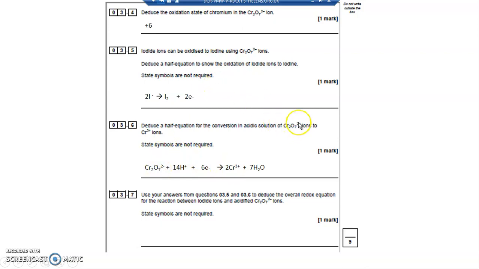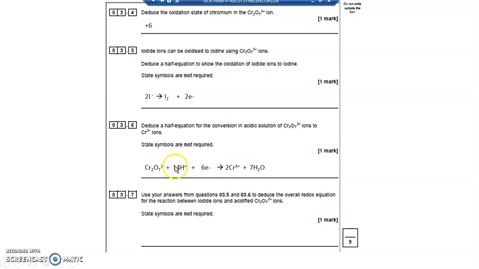So where do these oxygens go? And that's why you need H plus. When you're balancing half equations, you're always allowed to put H pluses in there, and you're always allowed to make water. There are two things that you're allowed to always introduce, and it gives you a clue by saying acidic solution here anyway. So I've put H pluses in, made Cr3 pluses, and I've made some waters.